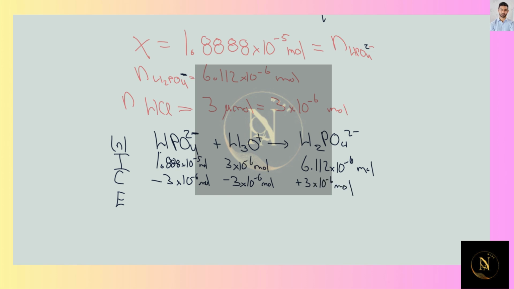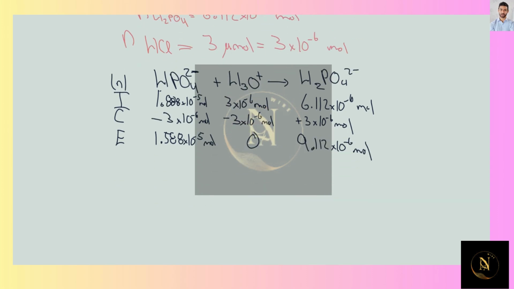The result that we get is, at equilibrium, 1.588 times 10 to the minus 5 mole, 0, and 9.112 times 10 to the minus 6 mole. Going back into our Henderson-Hasselbalch equation, we know that the pH is equal to pKa plus the logarithm of the derivation that we did earlier, the amount of mole of the conjugate base, that is HPO4 2 minus, divided by the amount of mole of H2PO4 minus.